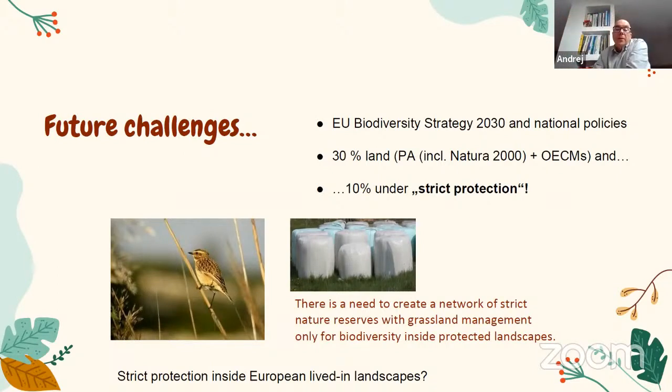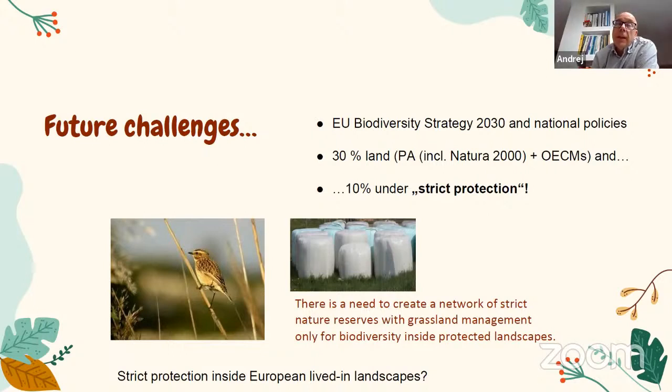Okay, so I said that I will spare a couple of words about the strict protection inside European landscapes. Strict protection is usually perceived as the no-take and no-go zone.